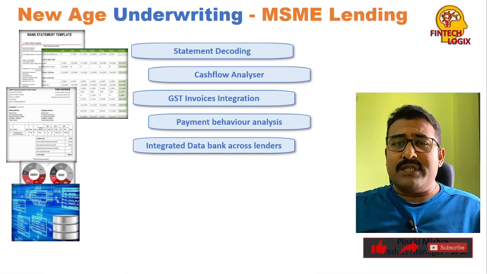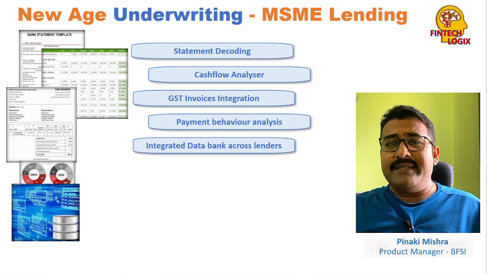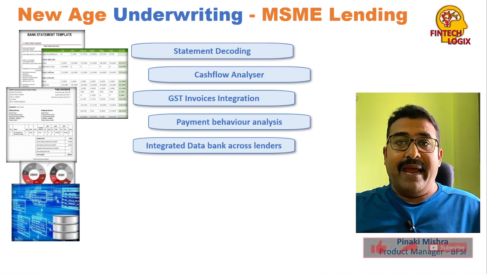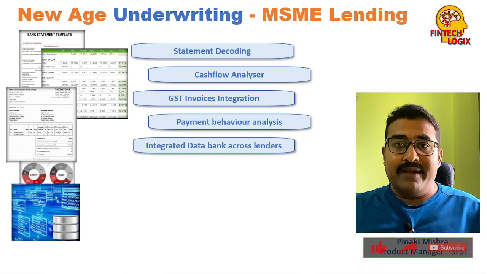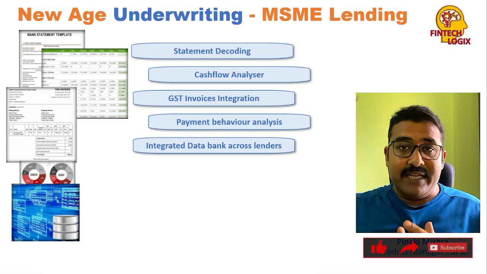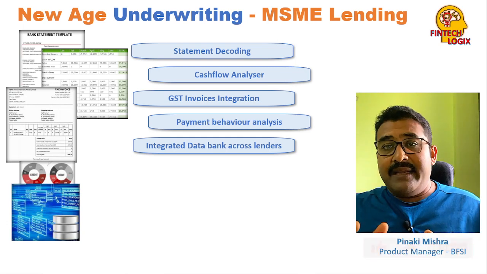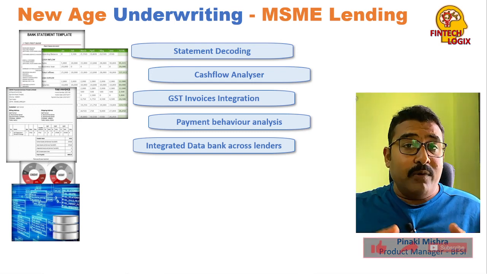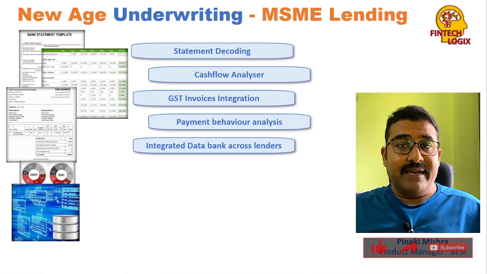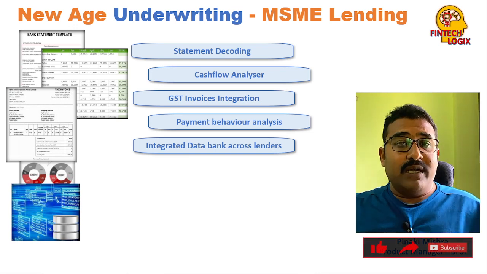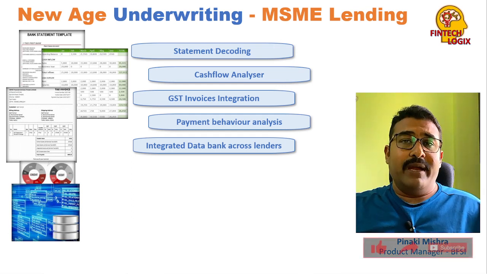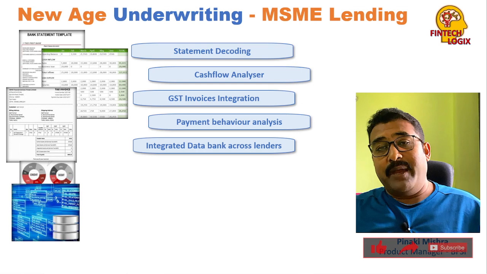So is it possible that the banks, financial institutions, or NBFCs will come together and build a data bank with the help of a centralized body, so that the data can help future lenders in extending credit? That is the work going on. This is still in the stage of incubation, where more and more work is happening in this way.